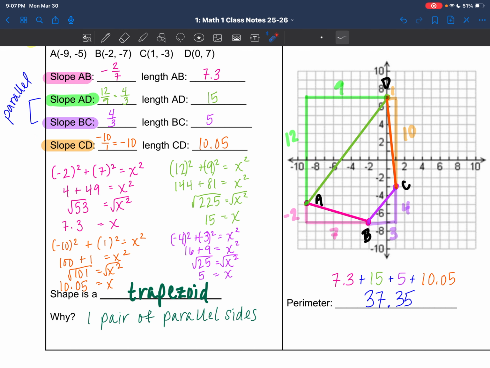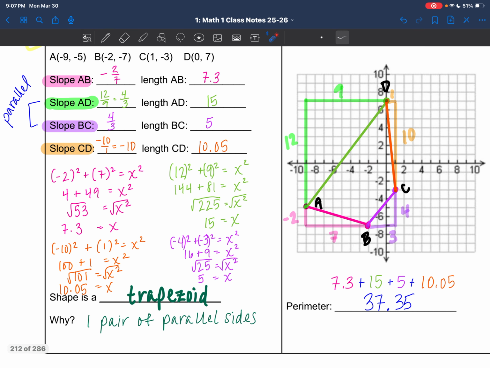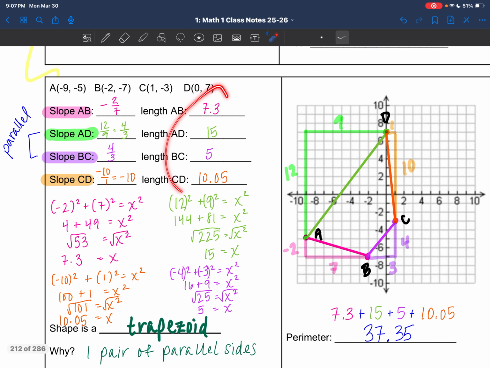If it's the same slope, it's parallel, and since this only has one set of parallel lines, and it's a quadrilateral, it's a trapezoid. All right, and then to find the perimeter, all you're going to do is take all 4 of those, add them together, and that's going to give you the perimeter around the figure. So here, plus here, plus here, plus there.